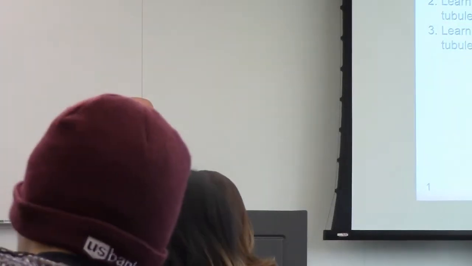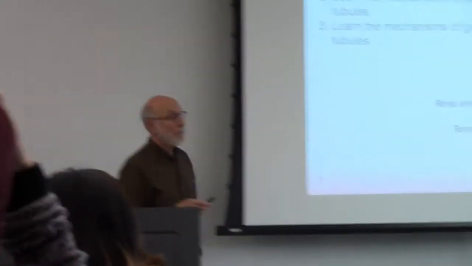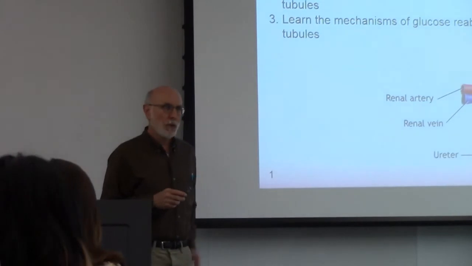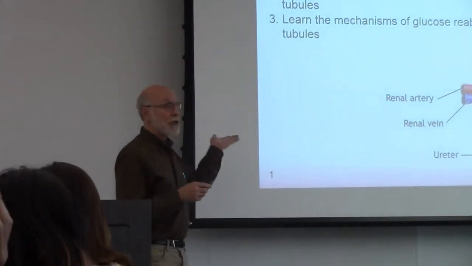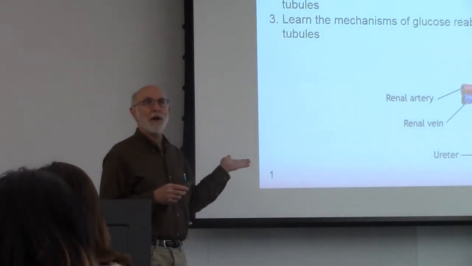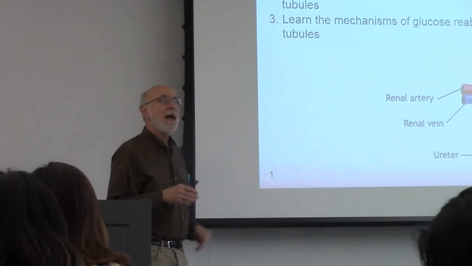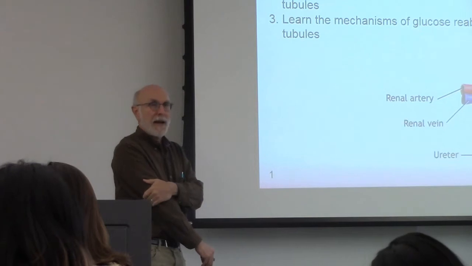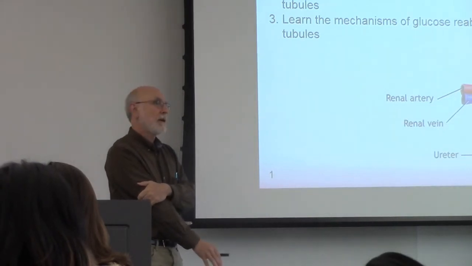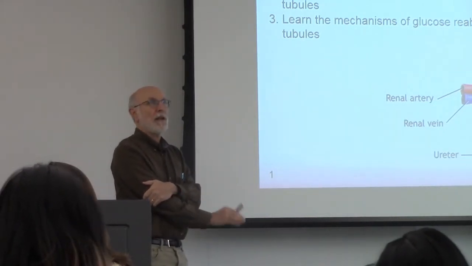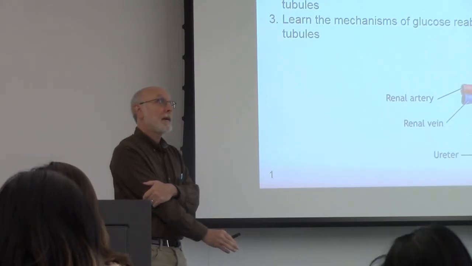Today we're going to finish up glomerular filtration, talk about how it's controlled, which is important, and then we're going to turn our attention away from the glomerulus to the renal tubules and the capillaries that surround them, and start to talk about the molecular mechanisms for reabsorption. We'll focus on sodium first, and then glucose, and that'll probably be it for today.